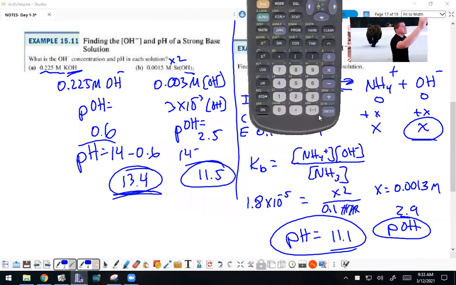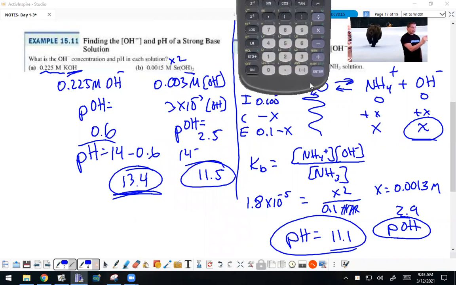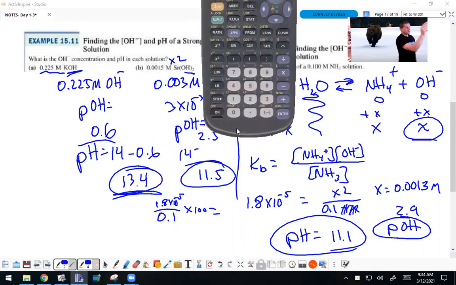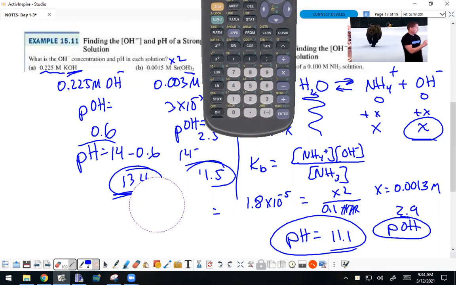Now check the ionization to make sure that minus x was valid. So 0.1 is our initial, 1.8 times 10 to the minus 5 is our x, times 100. Oh no, sorry, x was 0.0013. I put the Ka there, sorry. Glad I caught that.